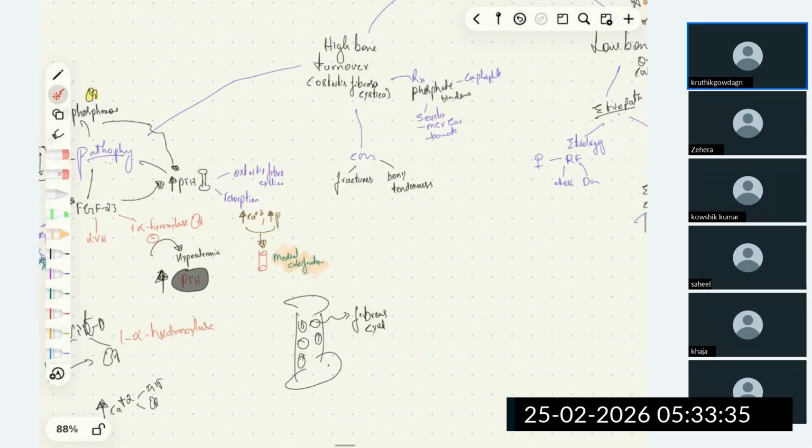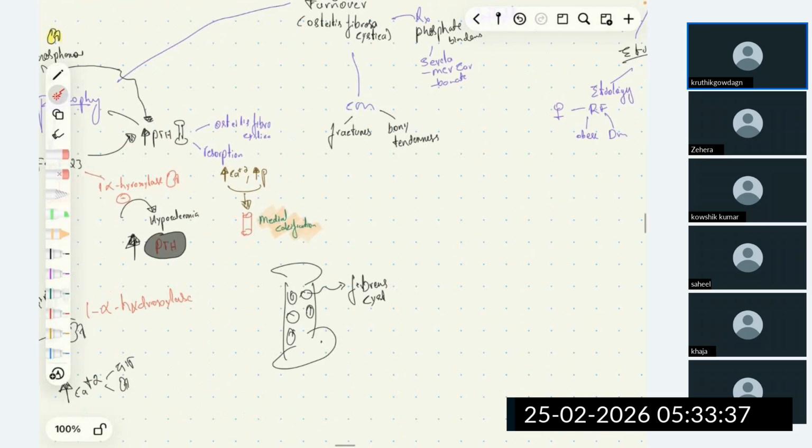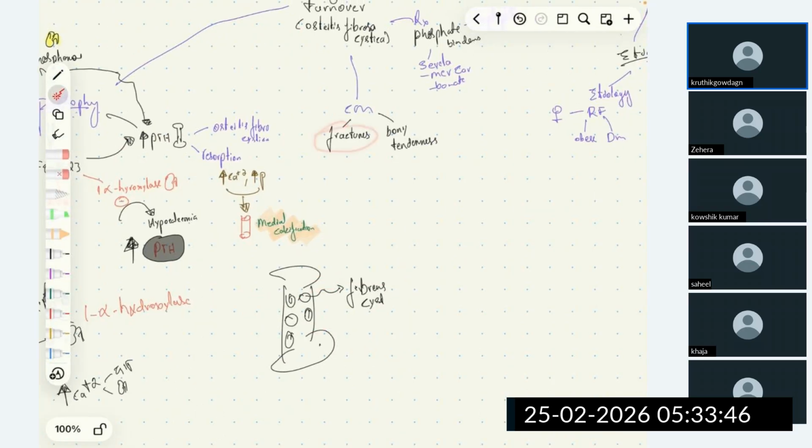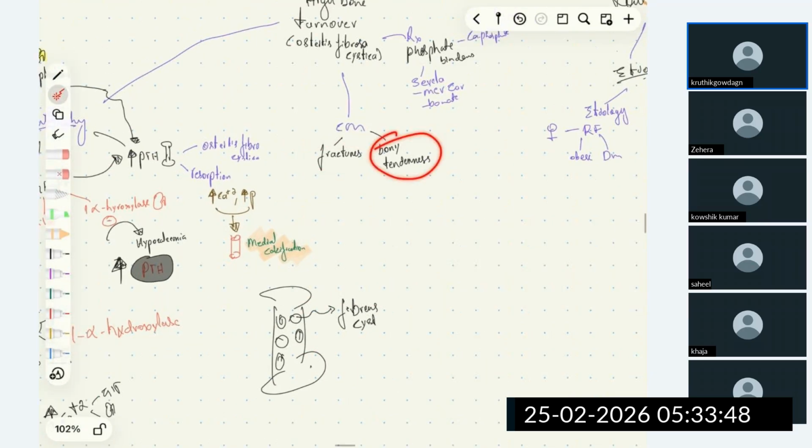What does this do? Now the healthy, strong bone is replaced by fibrous and cystic spaces. This leads on to pathological fracture, obviously, and also bony tenderness. Also, increased calcium and phosphorus levels will cause medial calcification.